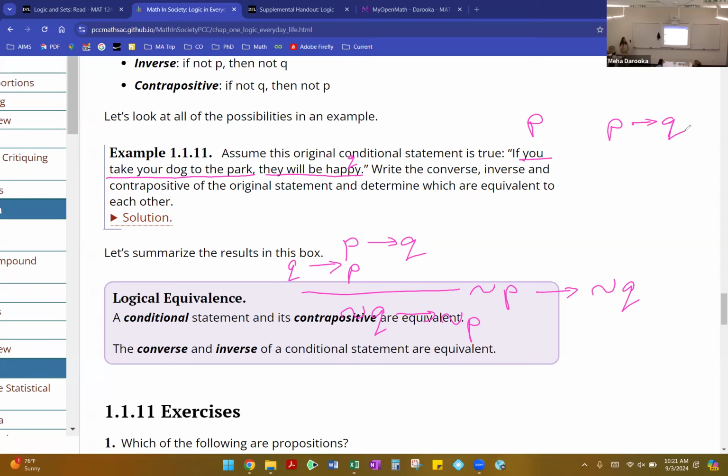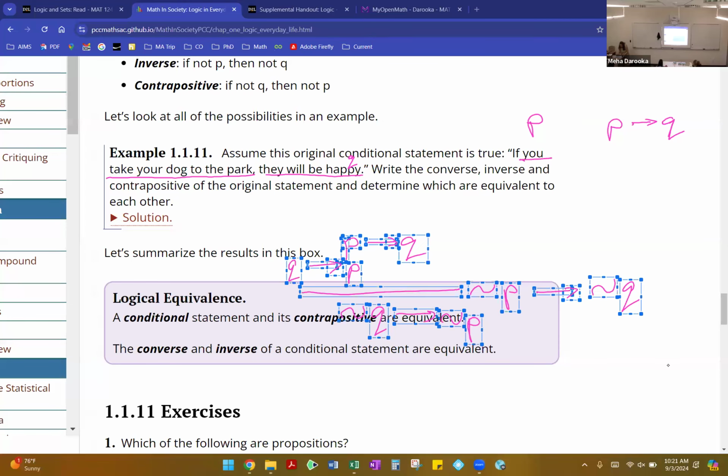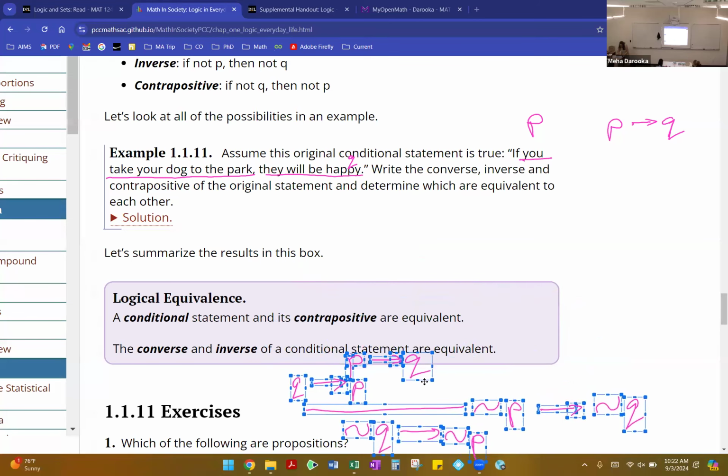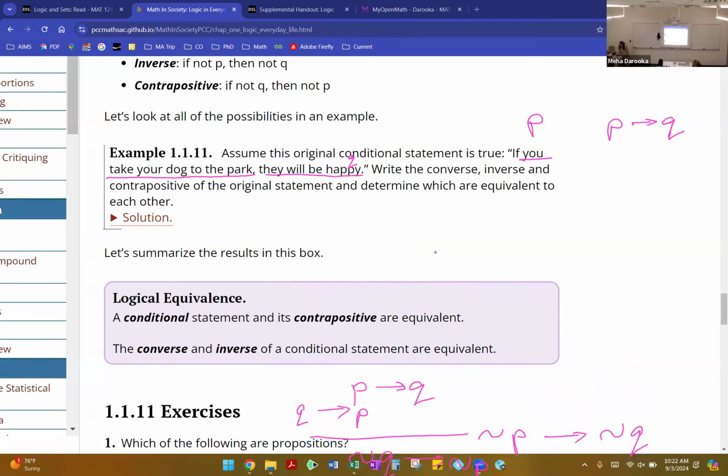So they're asking us to write the converse, inverse, and contrapositive, and then determine which two would be equivalent, and you can see the equivalence at the bottom, but let's start out by writing these out down here for now, so we have some space to write.